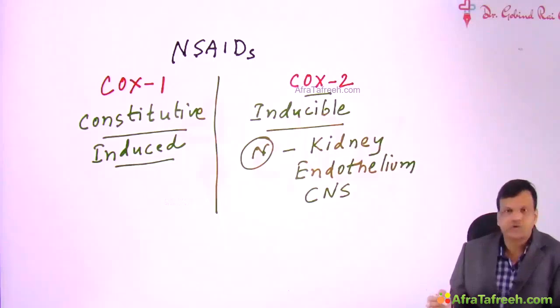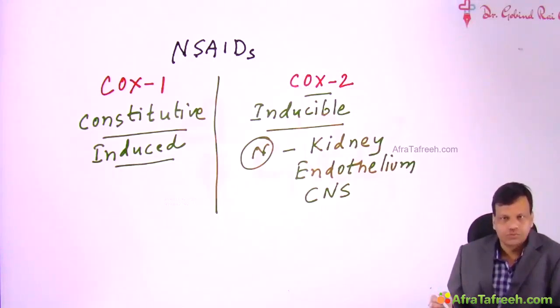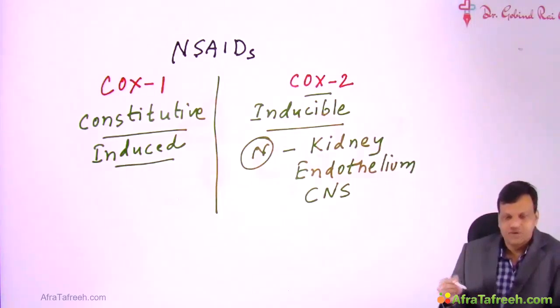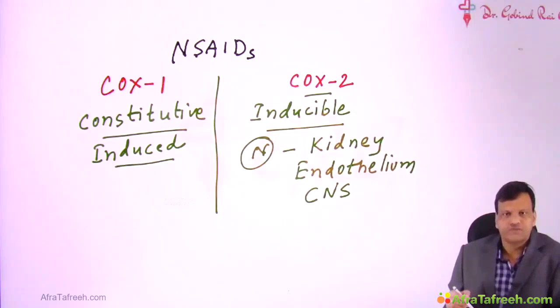So kidney, endothelium and brain normally contain COX-2 also. The basic concept remains the same, that COX-1 does most of the good functions, whereas COX-2 does mostly inflammation.